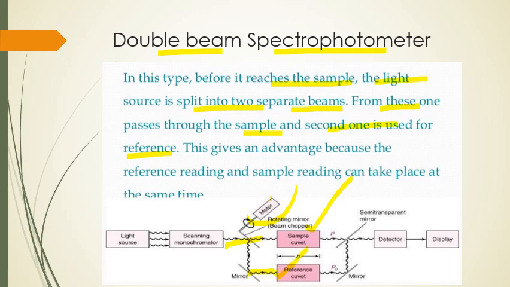So we can simultaneously analyze both the reference as well as the sample, and here is the detector. After passing through the sample and the reference cell, the radiation reaches the detector, and the detector converts that radiation into a signal which is amplified and recorded in the unit.